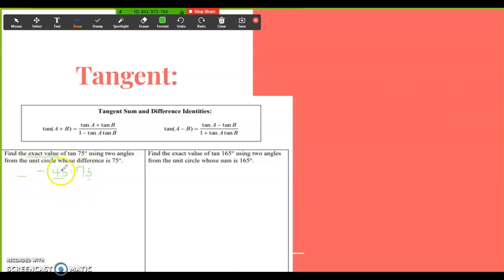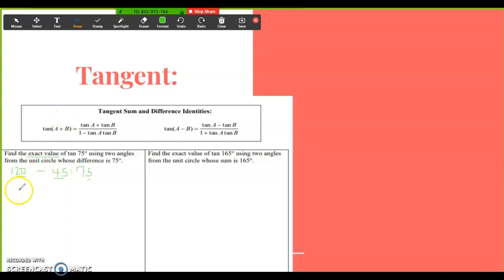So I'm thinking of something bigger than 45. I just need to think about what 75 plus 45 is. If we add those two together, we would get 120. So I would have 120 minus 45. That would give me 75.